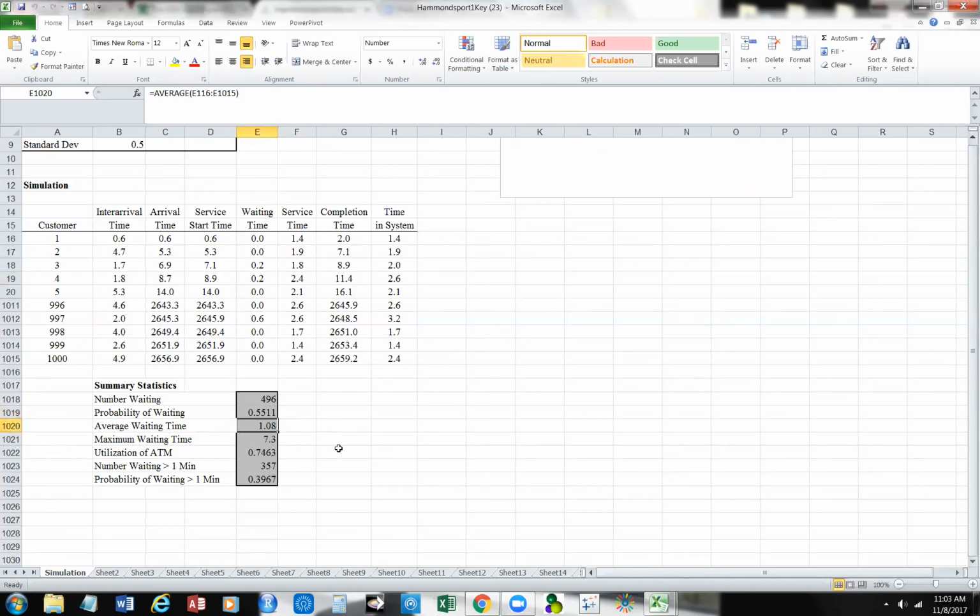Then we have the average waiting time, the maximum waiting time, the utilization of the ATM, how much it is utilized, and that's a function of arrivals and service times. Then the number waiting greater than a minute, and the probability of waiting longer than a minute, because we've determined that 1 minute starts to get us into the max.